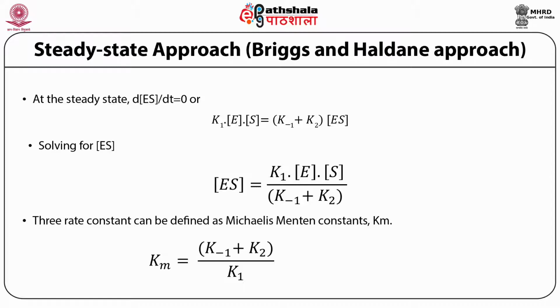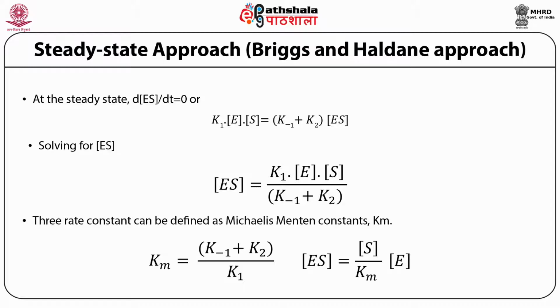So you can calculate the ES concentration. The ES concentration, as calculated in equilibrium theory, is equal to substrate concentration divided by Km into free enzyme concentration. It is calculated in a similar fashion to how we calculate the Ks for equilibrium theory, where Ks is equal to enzyme into substrate divided by ES.